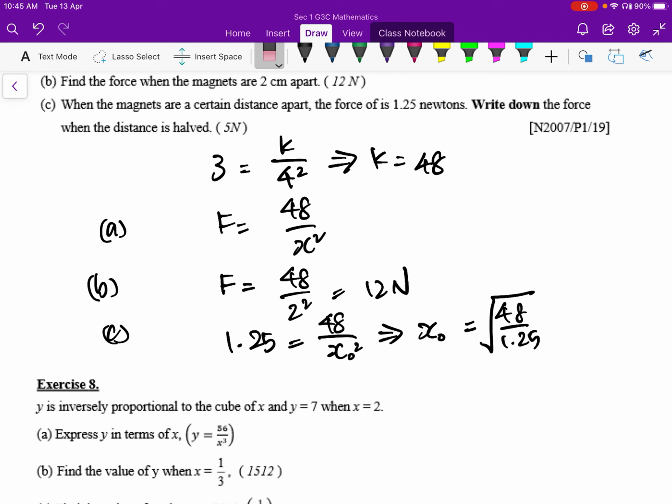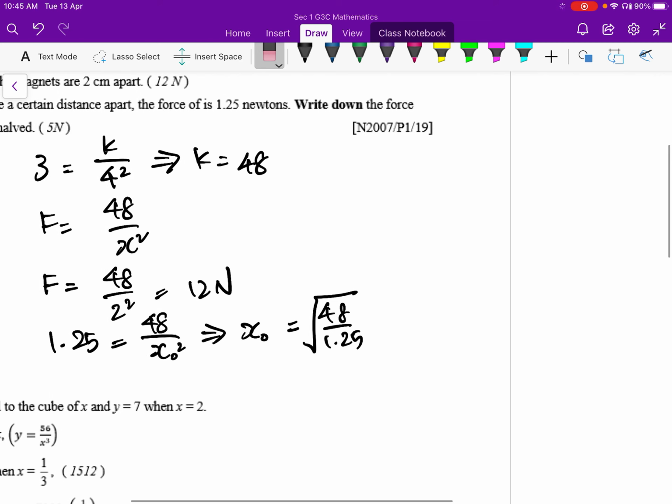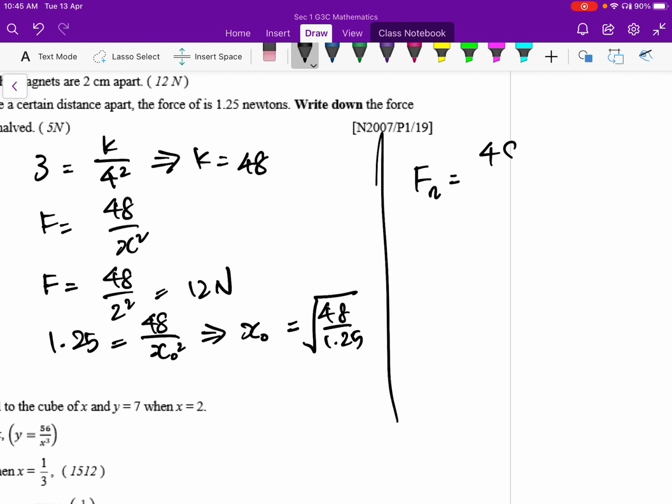Now they want us to write down the new force. So F new equals to the same 48 divided by the half of the xo distance. Wow, no space. Okay, let me just write it on the right hand side. So new force equals to 48 divided by the new distance, but you must square the new distance.